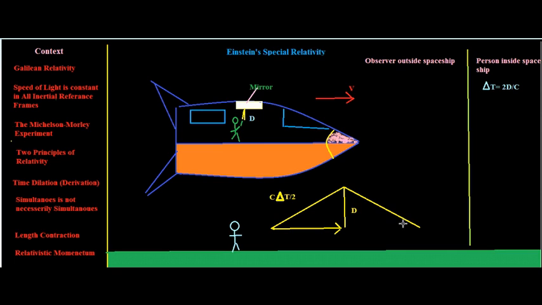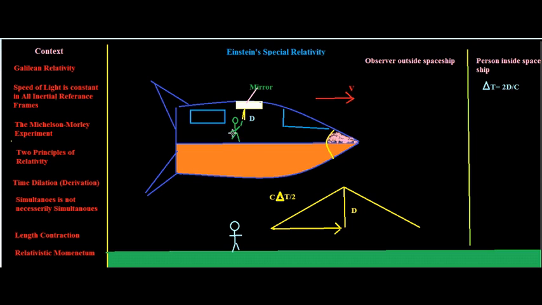That is the speed multiplied by the total time. But since we're only observing half the distance, c change in t divided by 2 is the distance traveled for half the cycle.